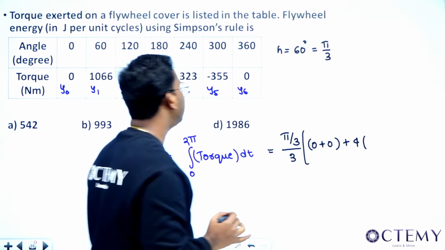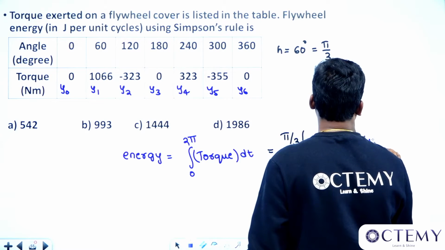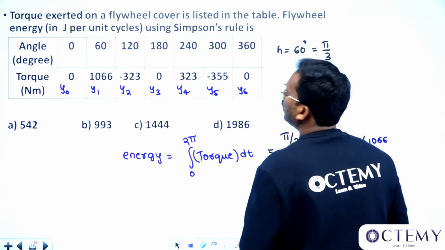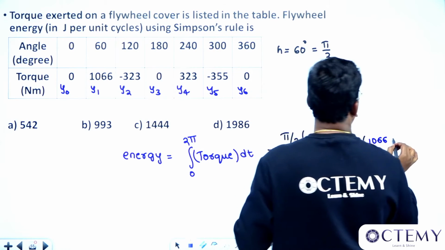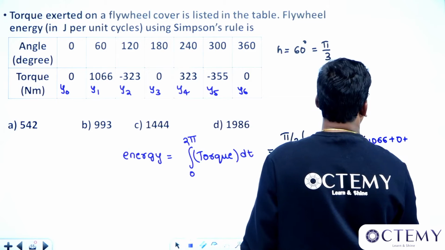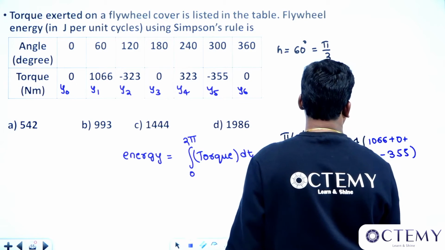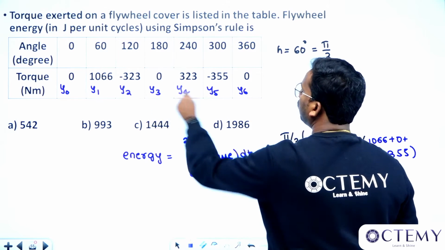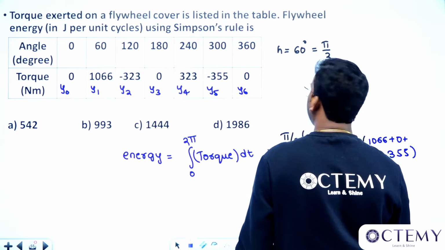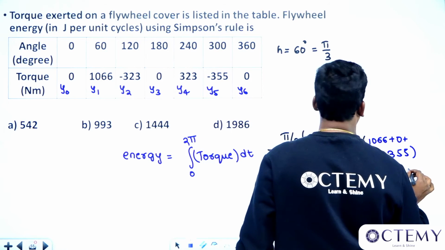So the formula is y0 plus y6 plus 4 times (y1, which is 1066, plus y3, which is 0, plus y5, which is minus 355), plus 2 times even. Even is what? y2 is minus 323, plus y4, which is 323.